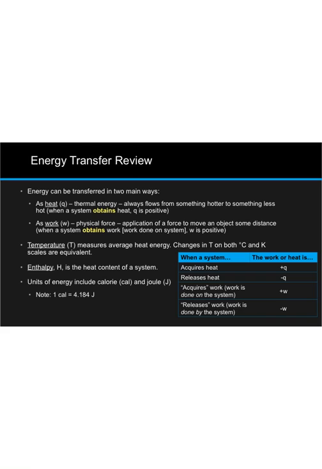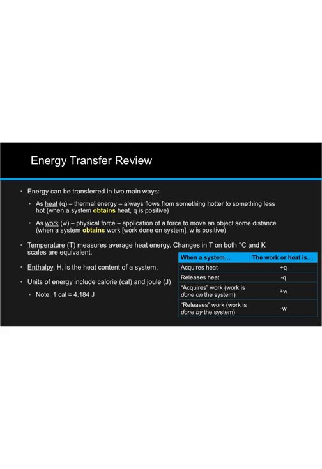We gave signs to Q, a path function. We said that when Q is positive, that means that a system that we're interested in is obtaining heat, or heat is flowing into a system. When a system that we're interested in releases heat or loses heat, Q is negative.